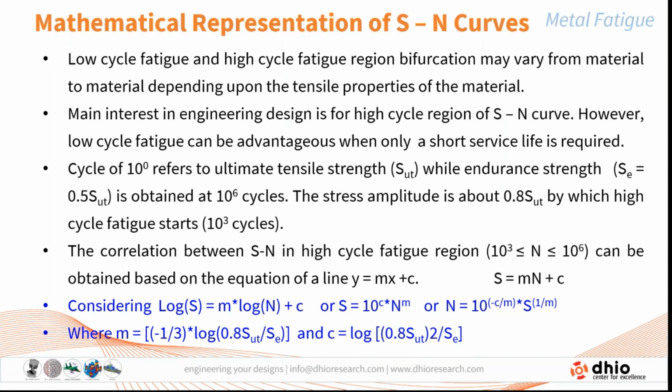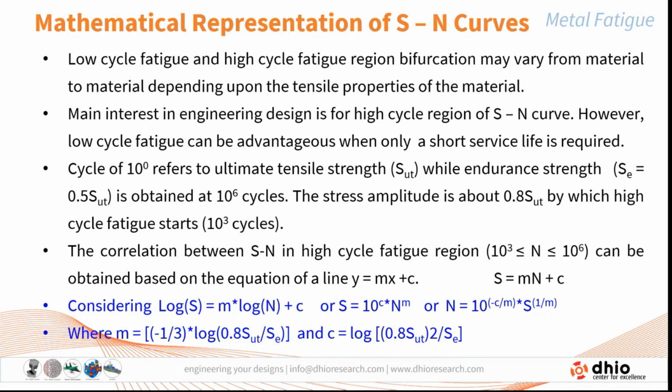The main interest in engineering design is the high cycle region of the SN curve, where the member is subjected to a stress level within the elastic limit. However, low cycle fatigue can be advantageous only when a short life is required.